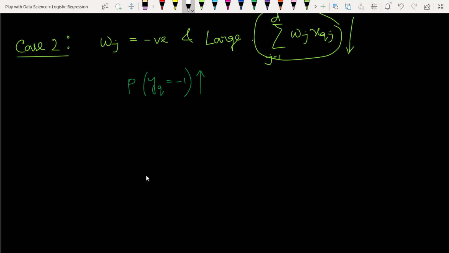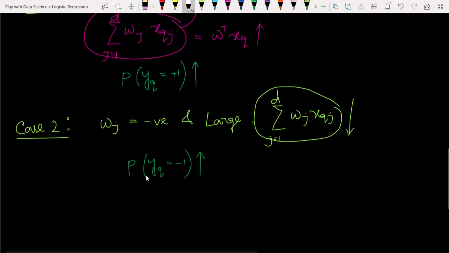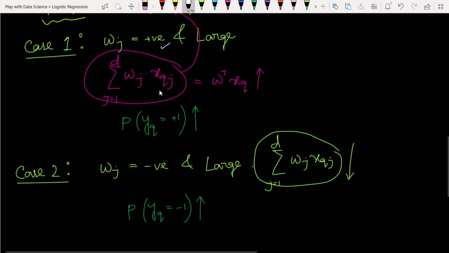Now to determine the important features in logistic regression, first we have to calculate the absolute value, because if we consider both cases and take the absolute value, then if the absolute value is large, we can simply conclude that the feature is more important.